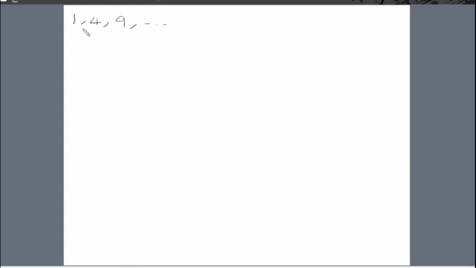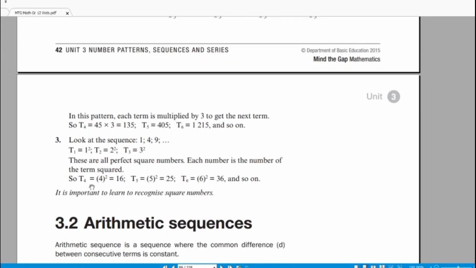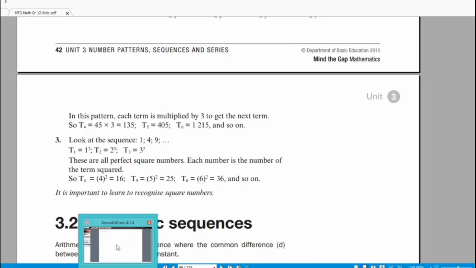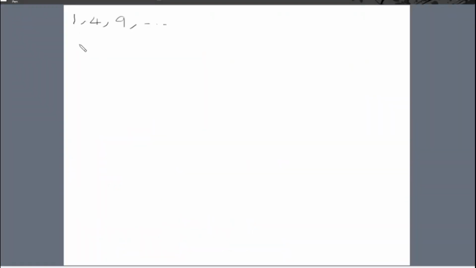So they say each number is the number of the term squared.